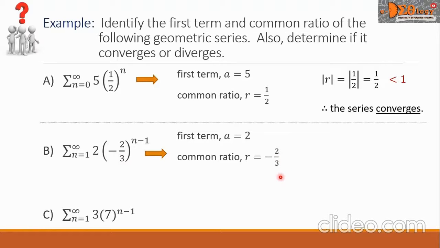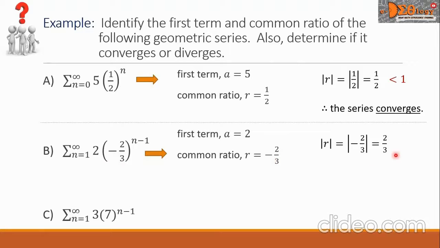To test for convergence or divergence, we say that the absolute value of r is equal to the absolute value of negative 2/3. Simplifying this, we have positive 2/3. And this 2/3 is less than 1. So we say that the series converges.